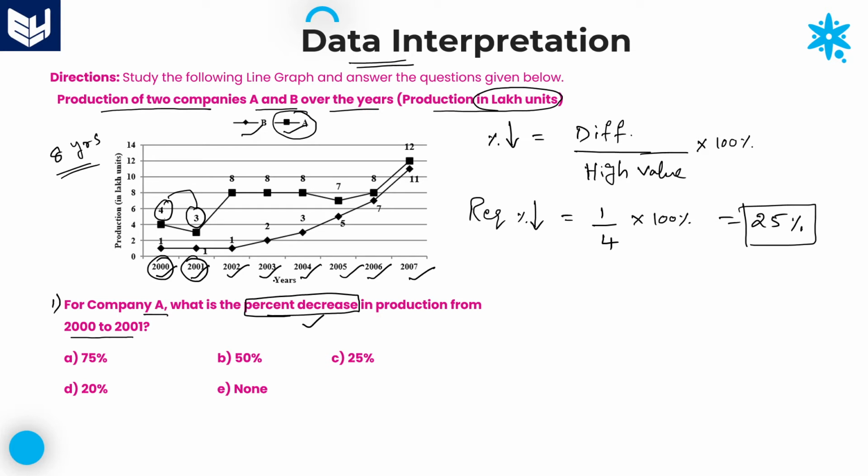Therefore from 2000 to 2001 the production of company A is decreased by 25 percentage. So among the given options, option C is the right answer for this question. Option C.